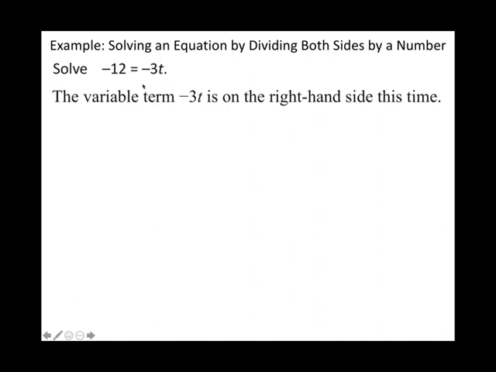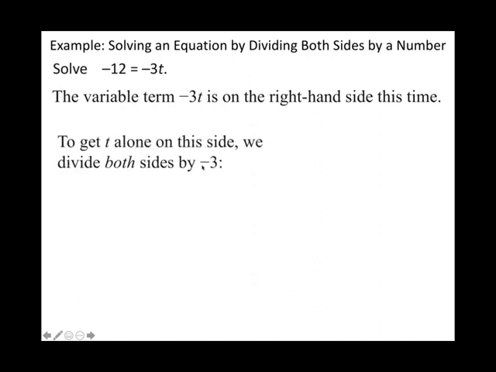And then we want to isolate my variable t in here. So I want to get rid of this guy. You can see the operation: this is -3 times t. When we have a multiplication, we want to do the division. So we're going to divide both sides by -3.